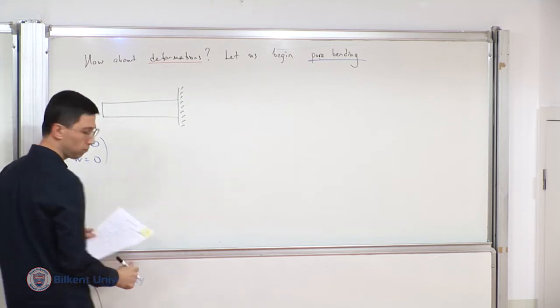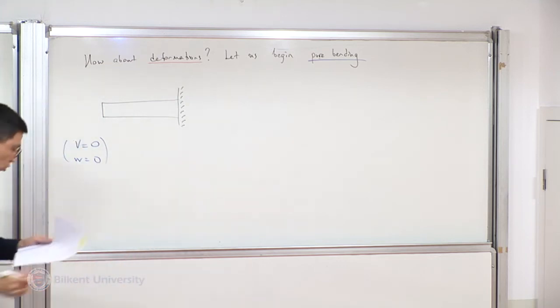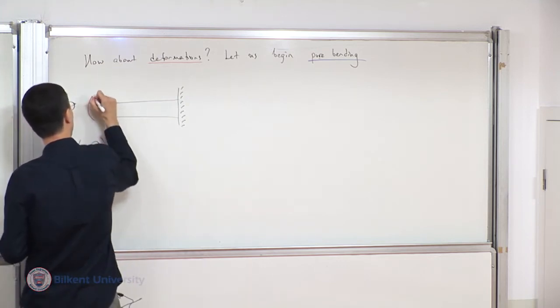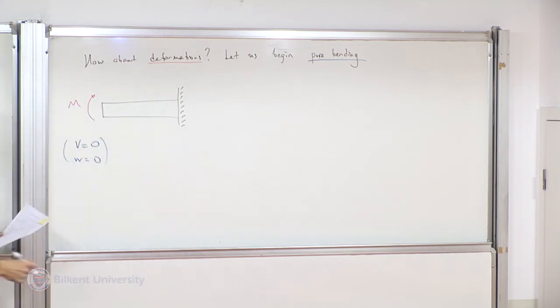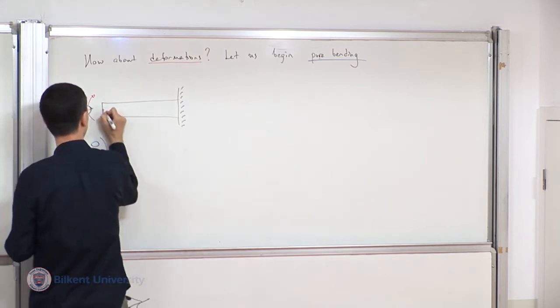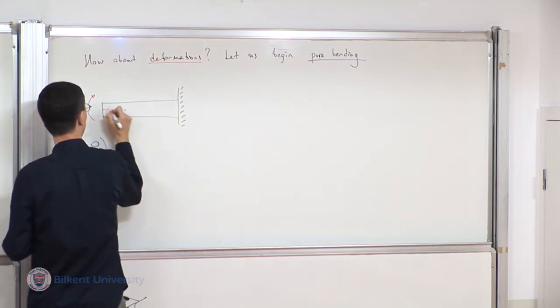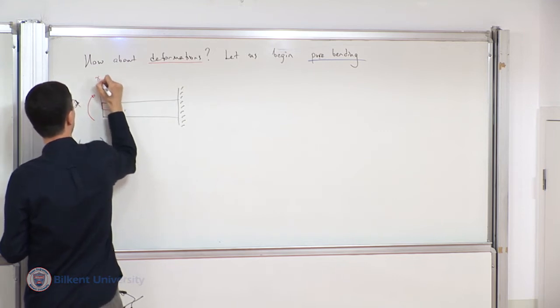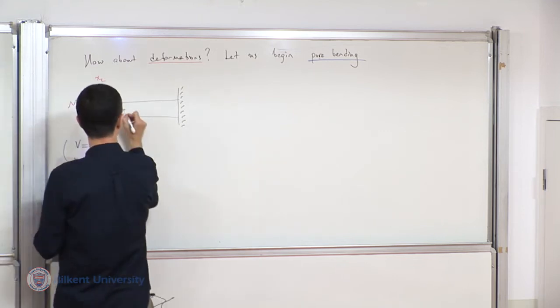Let's go ahead and draw, as before, my default positive value for the bending moment. The coordinates, x1, x2.